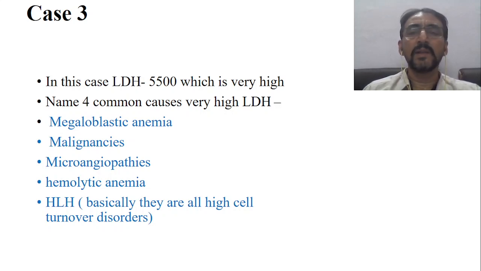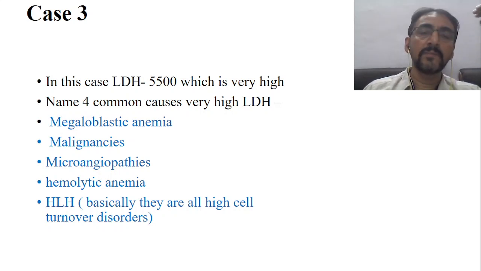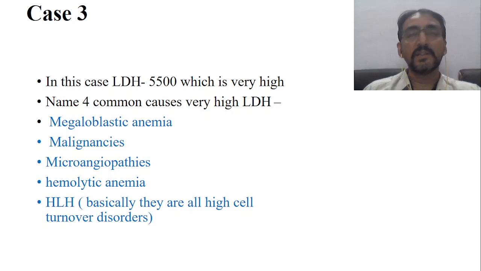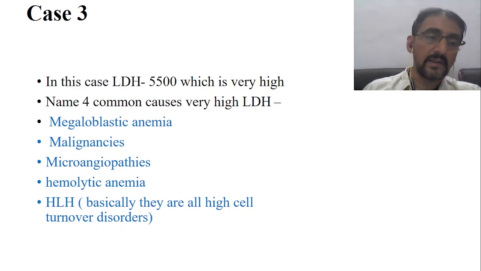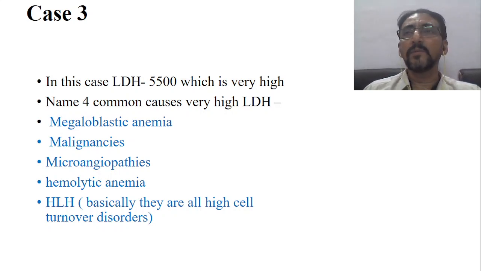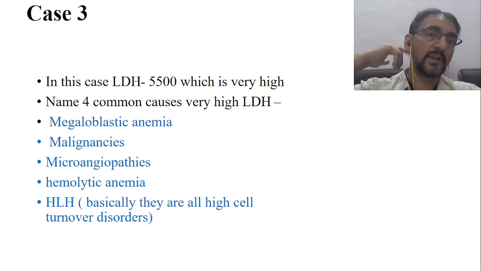So that's one of the hemolytic anemia causes. It's an immunological phenomenon involving histiocytes. Not able to recall the correct full form of HLH. This is one of the immunological conditions, an autoimmune-like condition.